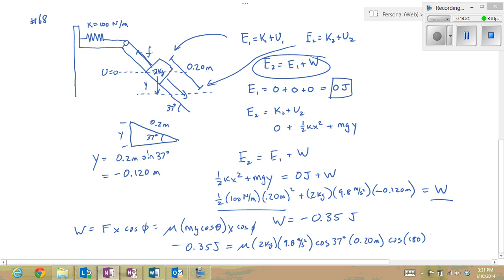You'll notice that this is a value of -1, so this -1 and this -1 are going to cancel out and leave me with a positive value for mu.